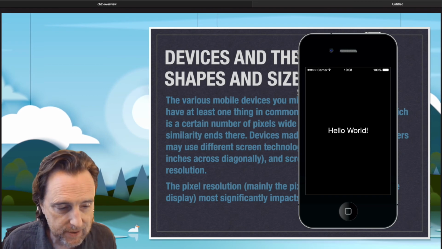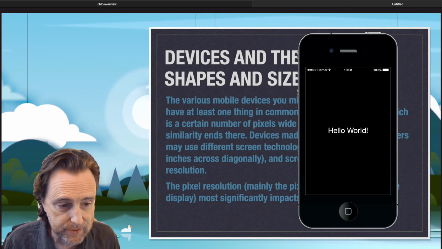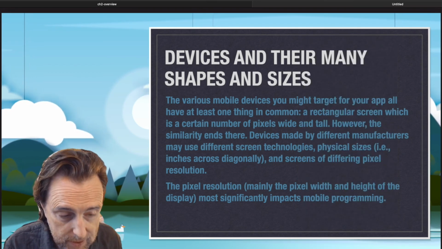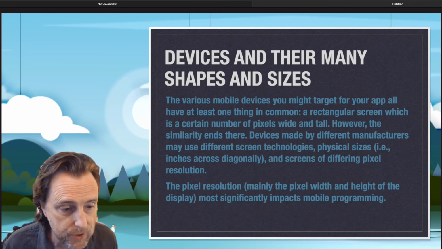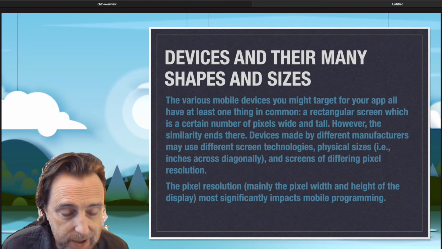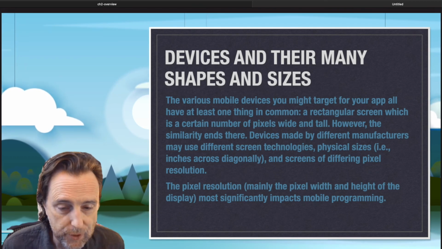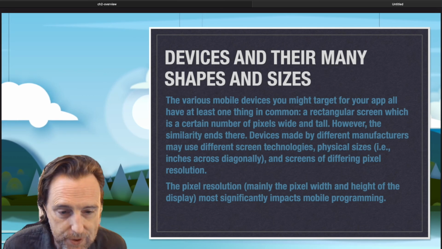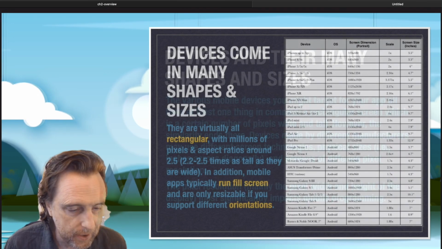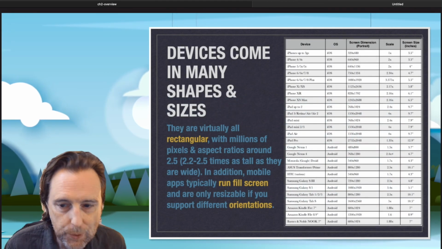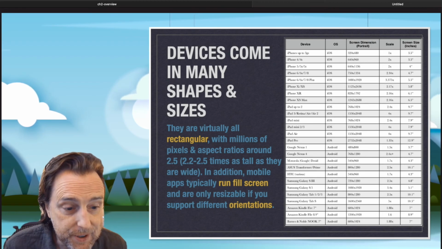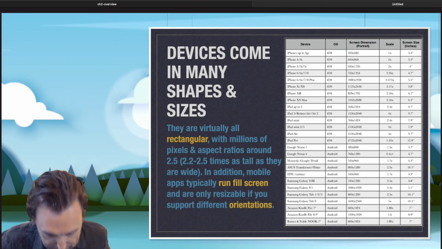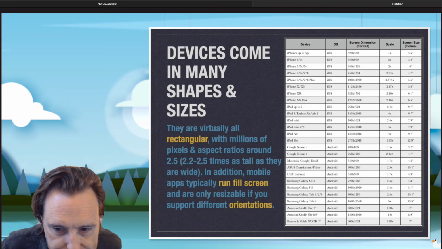To do that, you've got to understand that mobile device screens are like desktop screens in that they typically use a rectangular shape of a certain number of pixels, and the pixels have a certain number that are width and a certain number that are height. The problem that we run into fairly quickly is that lots of devices have wildly different pixel widths and pixel heights.